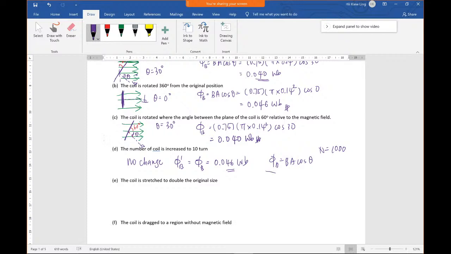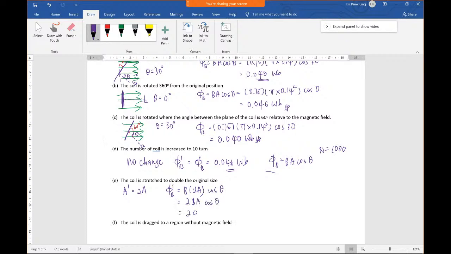E, the coil is stretched to double the original size, means now your A prime is equal to 2A. So your new magnetic flux is equal to B times 2A cos theta.